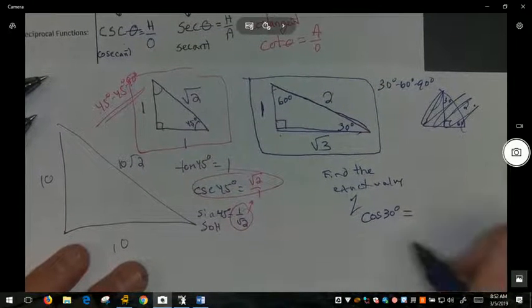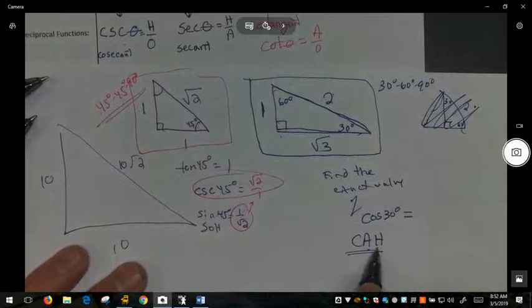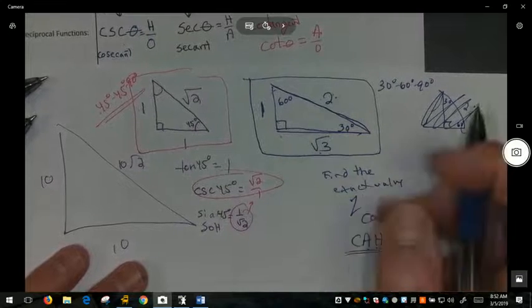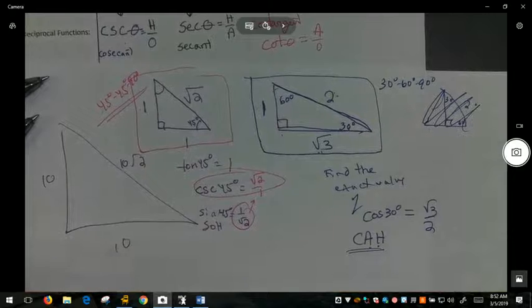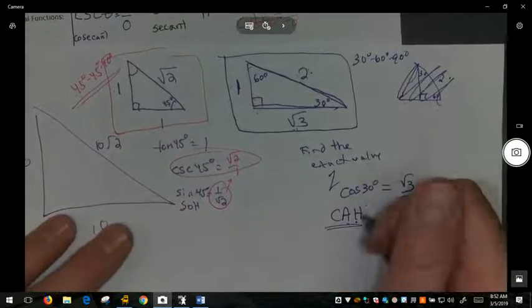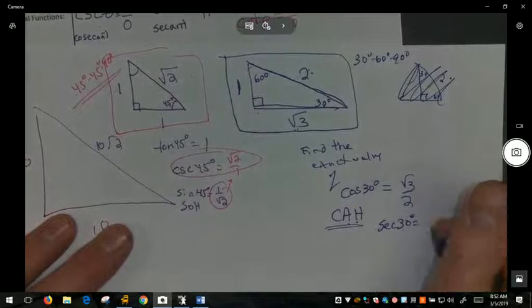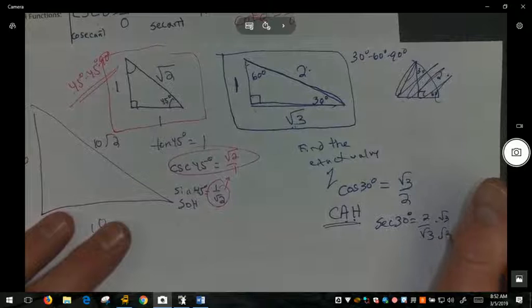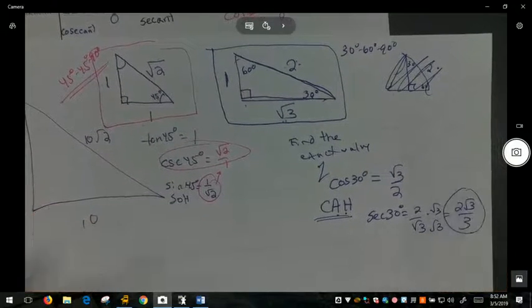Well, the cosine of 30, cosine Sohcahtoa, is adjacent over hypotenuse. So here's my 30 degrees, here's my adjacent, here's my hypotenuse. Adjacent is touching, so this is square root of 3 over 2. And lucky us, we don't have to rationalize this. However, if they had asked for the secant of 30 degrees, we would do the reciprocal value, 2 over square root of 3, and we would have to rationalize it, giving us 2 square roots of 3 over 3.